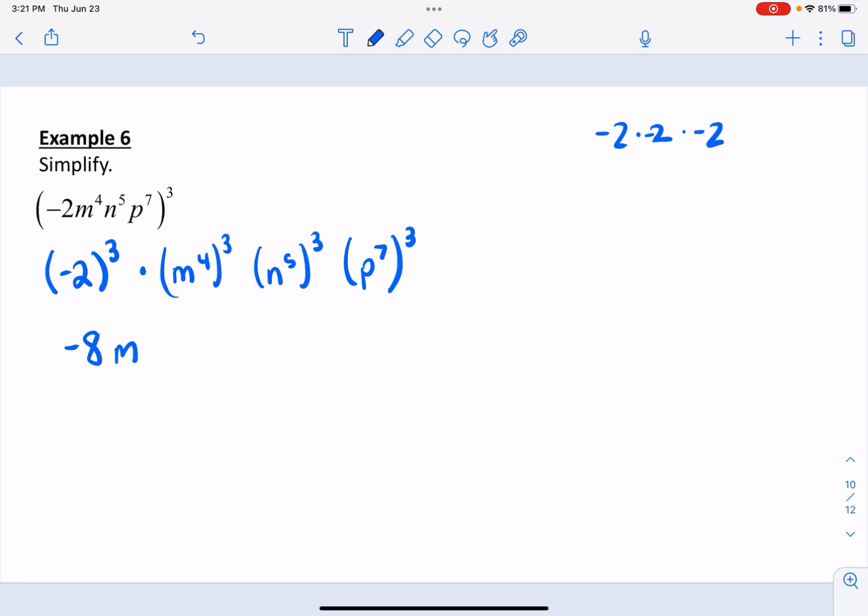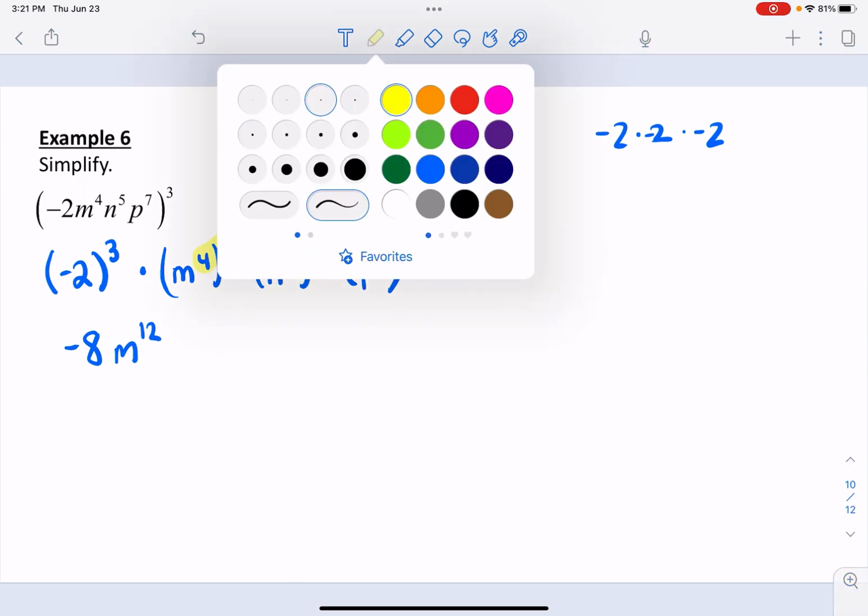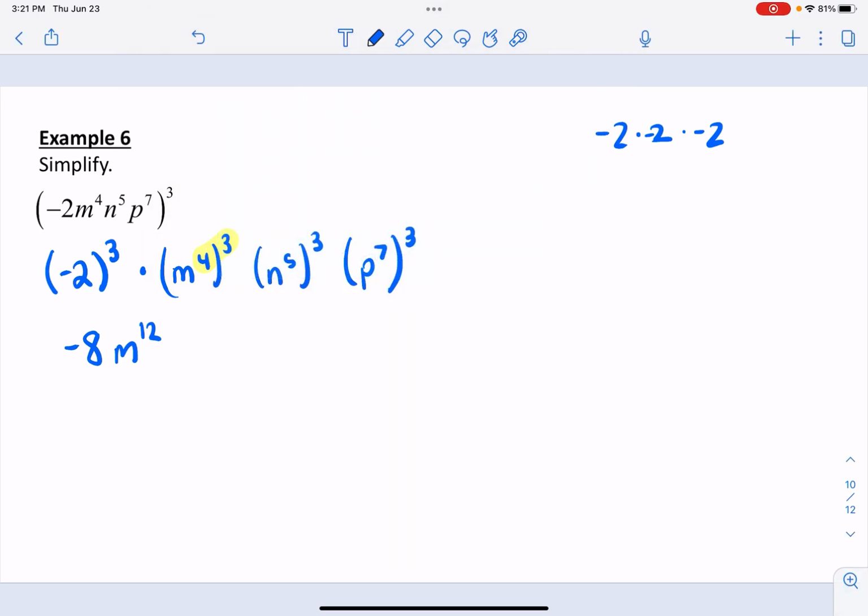M, you multiply those powers together. Multiply the 5 times the 3. For the p, multiply the 7 times the 3.